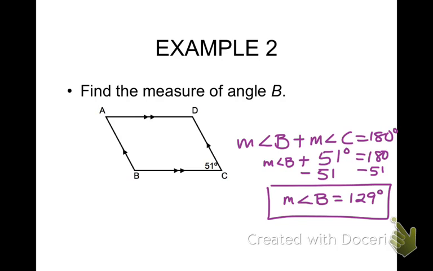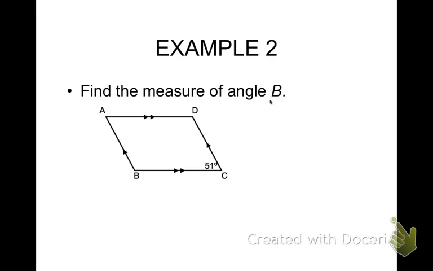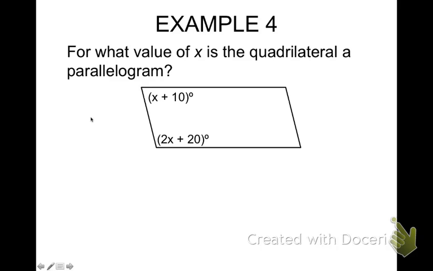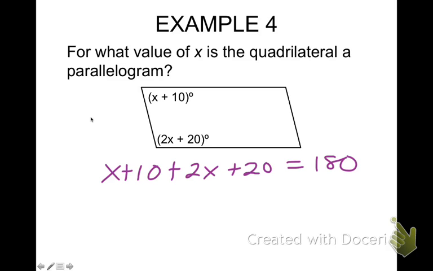All right, so let's throw some algebra into the mix. So for what value of x is the quadrilateral a parallelogram? For this to be a parallelogram, what needs to be true about these two angles? They're not going to be congruent. They're going to be supplementary because they're consecutive angles. So supplementary angles means we add them together and equal them to 180.